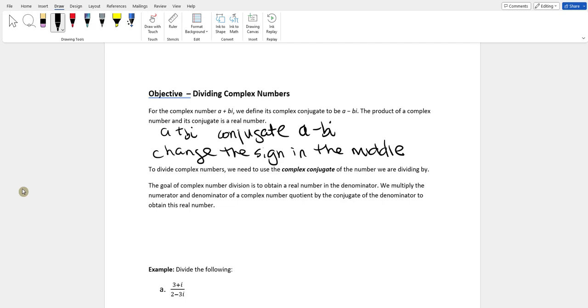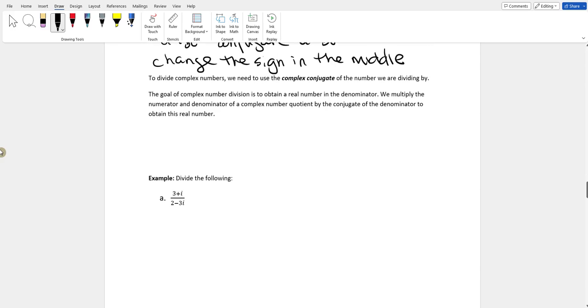So the goal of a complex number division is to obtain a real number in the denominator. So we're going to multiply the numerator and the denominator of a complex number quotient by the conjugate of the denominator to obtain this real number. When we do this, you would not have any i's in the denominator. You're going to have a real number, and you'll see in a minute.